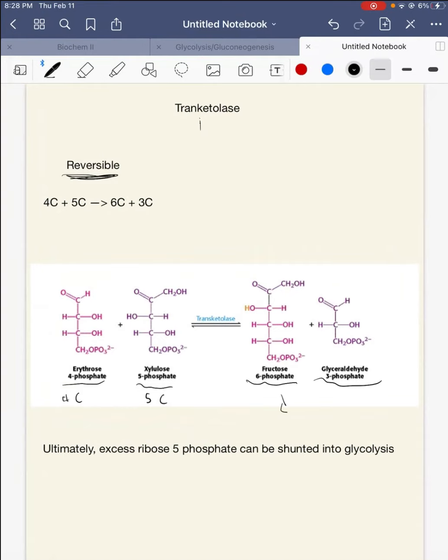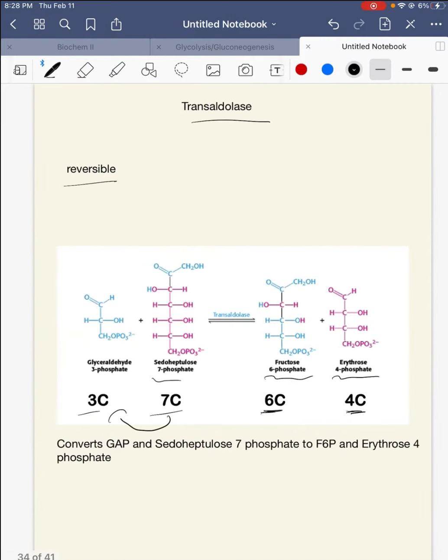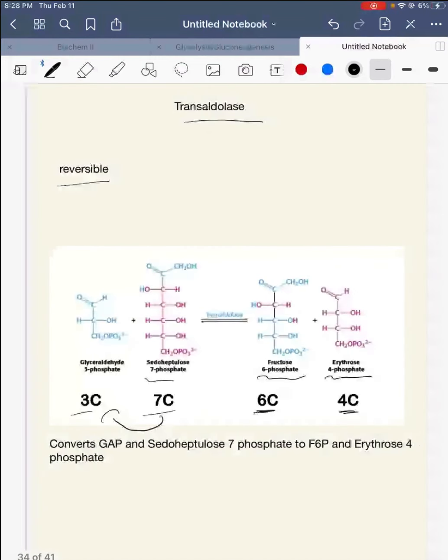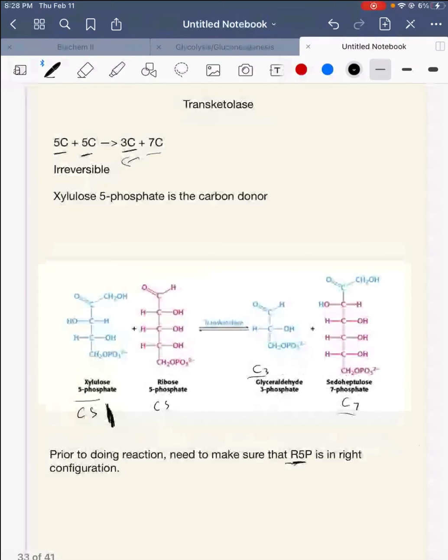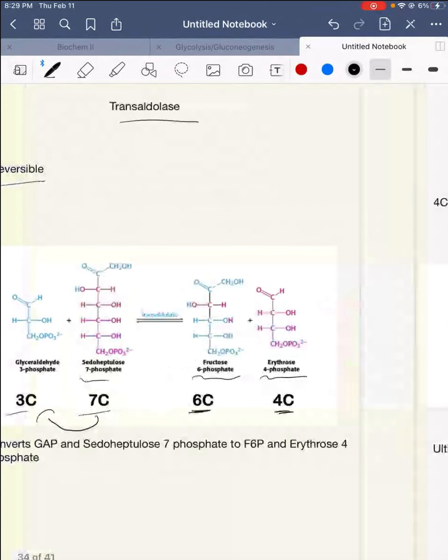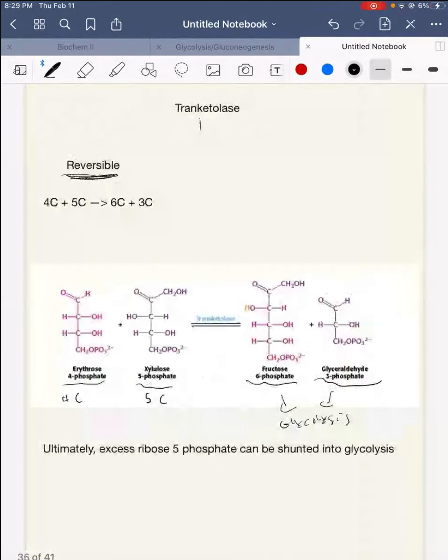So these eventually can be fed into glycolysis, and then they can generate energy there. And this whole carbon switching that we did from xylulose and ribose, and then eventually we got fructose 6-phosphate and GAP, is mainly done when you have excess ribose phosphate, and we usually do that to shunt it into glycolysis.